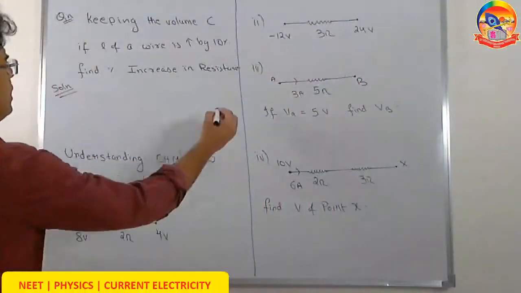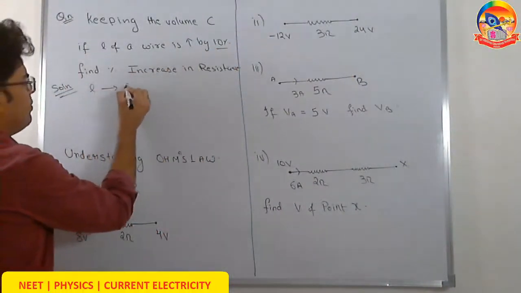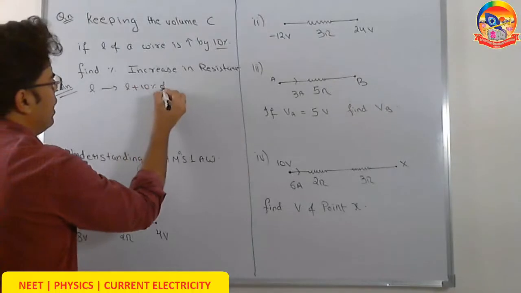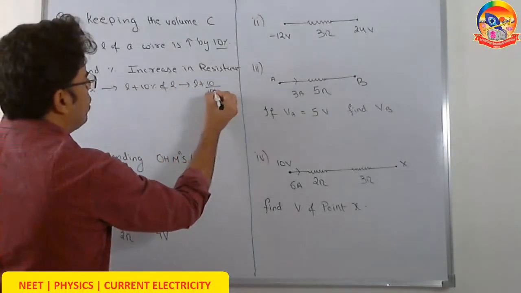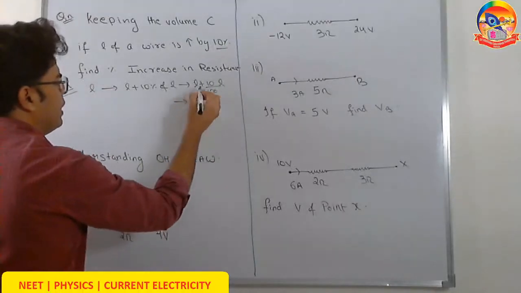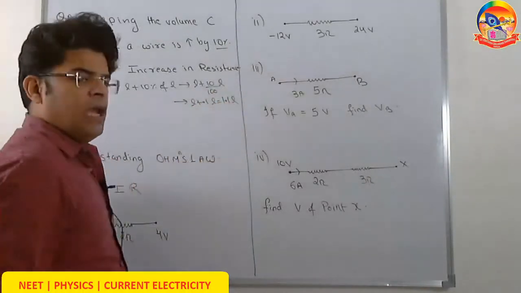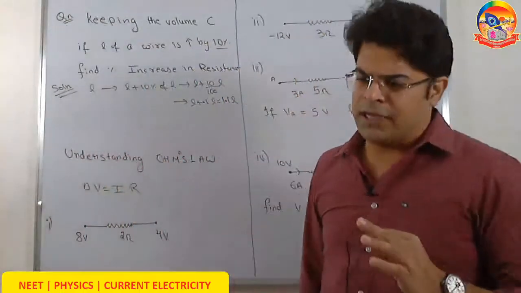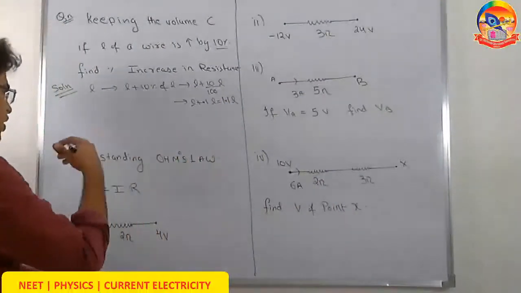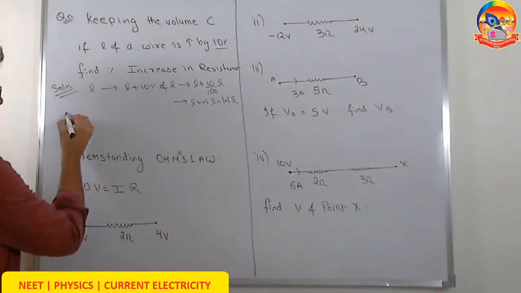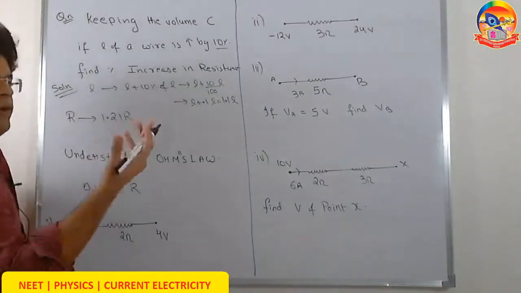Since the length increases by 10%, if the original length was L, the new length will be L plus 10% of L. That will be L plus 10 by 100 into L, that is L plus 0.1 L, which becomes 1.1 L. If the length becomes 1.1 times, then the resistance should become 1.1 whole square times. So if the original resistance was R, the new resistance will be 1.21 R.